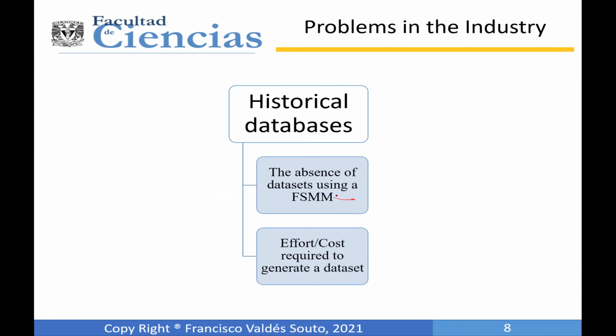The absence of the use of a functional software size method is a lack of metrology. That means we are not using any standardized metric that could be used to compare the projects in the same database or with other databases. So this is a main problem we have identified.